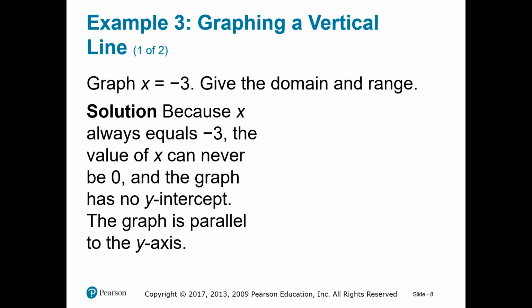Are you with me? So now you have 1, 2, 3 and -1, -2, -3. So (-3, 0). What is (-3, 0)? Right here. So this is (-3, 0). Is that right? And where is (-3, -1)?